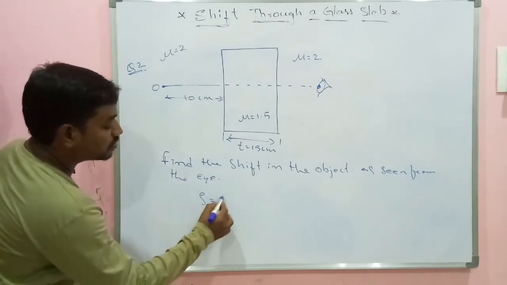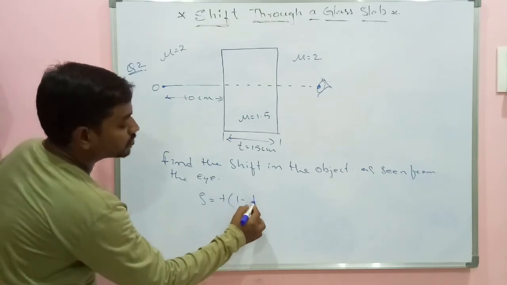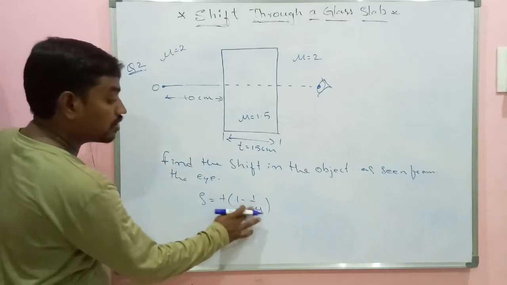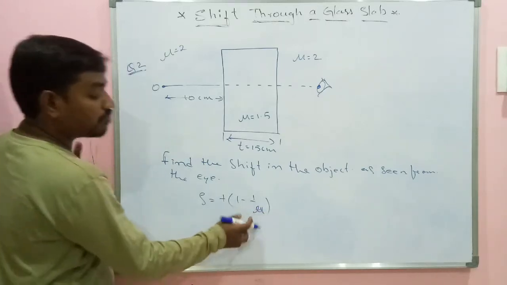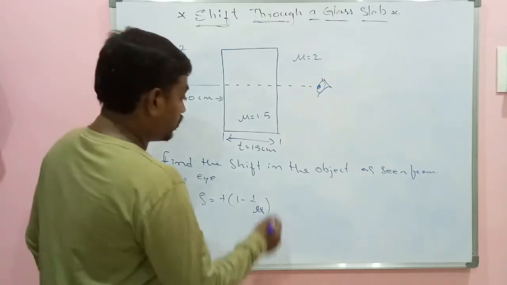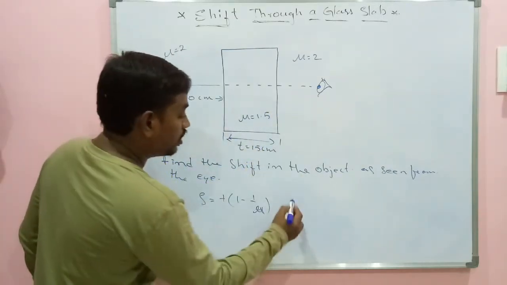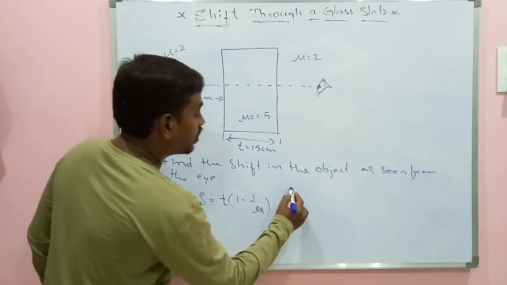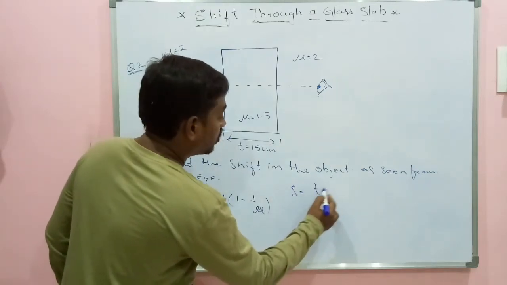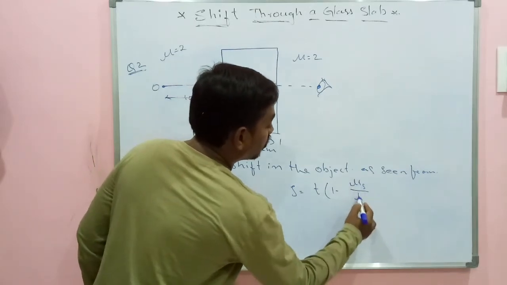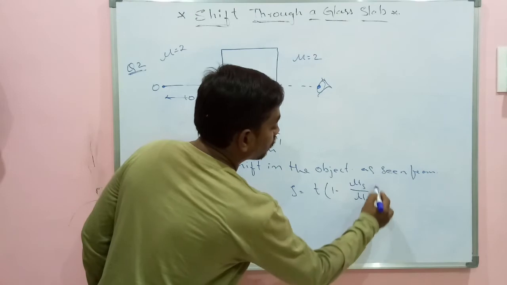Now S equals T of 1 minus 1 by mu. Can this be used? Can I use this formula? No, because the surrounding medium is not air. So if it is other than air, the formula will be S equals T of 1 minus mu surrounding by mu slab.